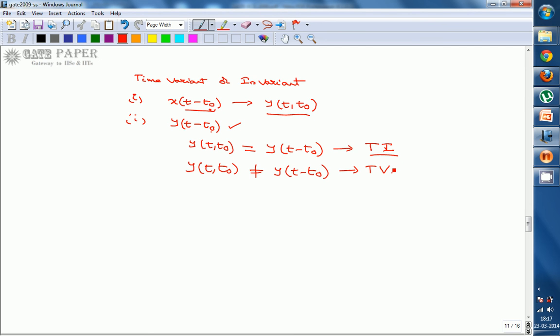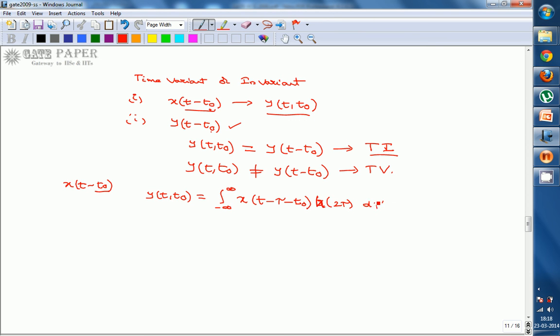I am considering that the amount of shift introduced in the input is t naught. Then the output y of t comma t naught for the given system is integral minus infinity to infinity x of t minus t naught minus tau, with the shift t naught introduced, times h of 2 tau d tau.